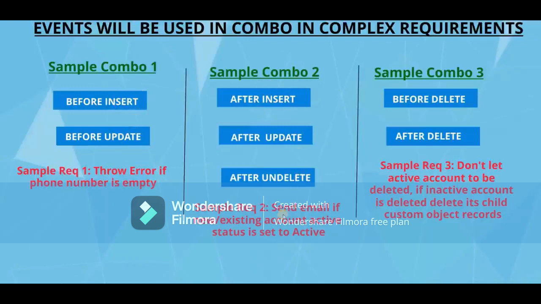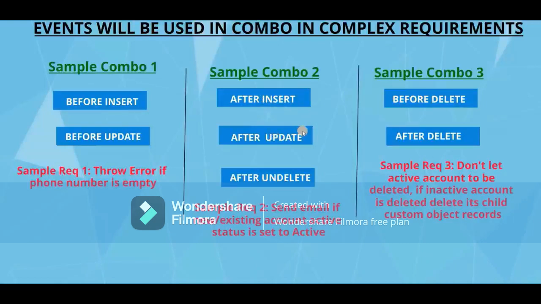Sample combination 2: sending an email if a new or existing account's active status is set to active. Let's say we have an active field on account. While creating the record itself, they might set it to active. They can also update an existing account to set it to active. In both cases, we need to send an email. That's the reason we have after insert: if the active status value is true, you need to send an email.